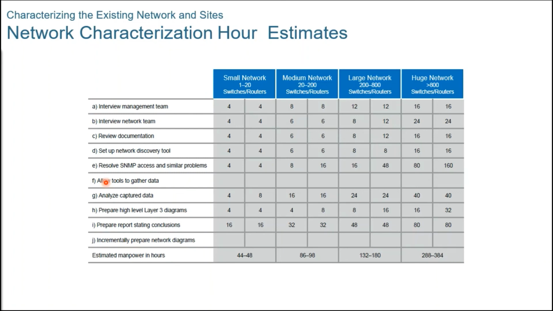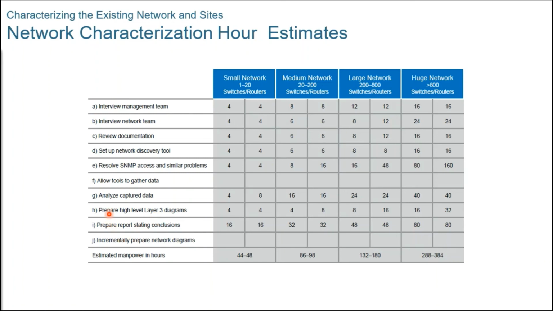The network engineer typically does not need to oversee this process. Next would be analyzing the captured data. Minimizing the time required is dependent on the use of efficient tools.